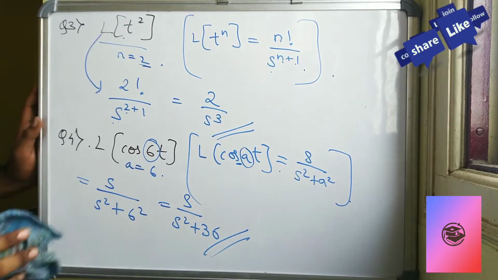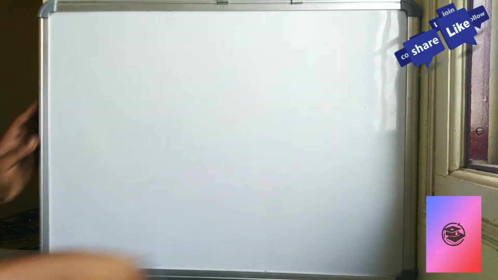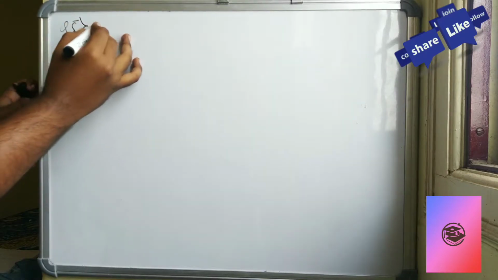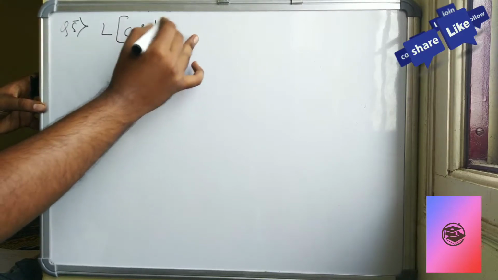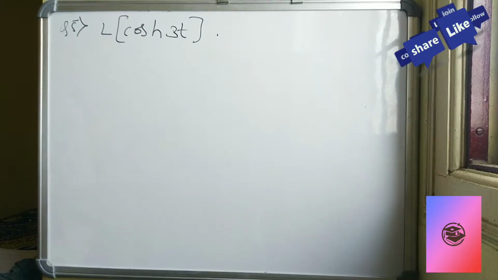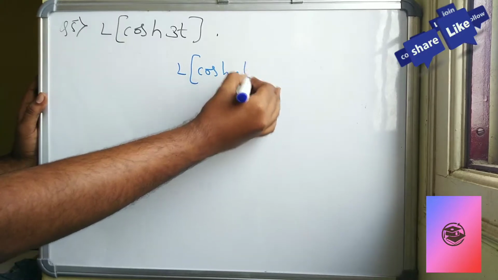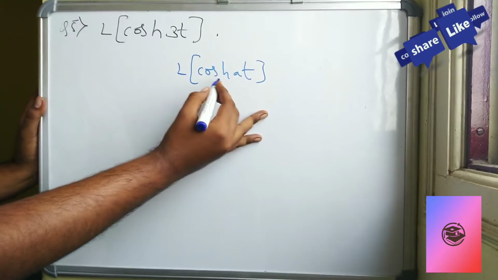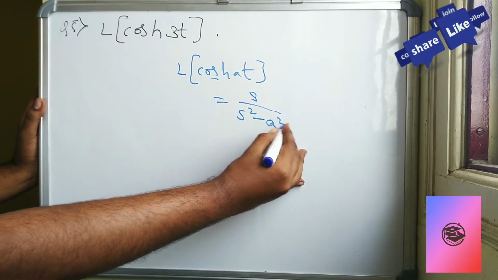We will do a few more problems. Now the fifth problem: we'll take cos hyperbolic 3t. We have the relation that the Laplace transform of cos hyperbolic at is s by s square minus a square. Cos is there, so the numerator is s; it's a hyperbolic function, so s square minus a square.